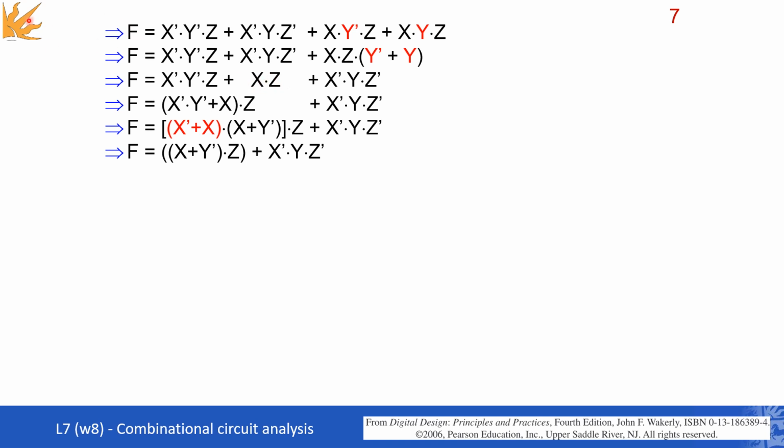Now, the next step is as follows. We will identify z as the common factor here. So in the next line, you got x dash times y dash, or x, and all of this times z, logical OR here, x dash, y times z dash. Now, by using the dual of distributivity, you get this one over here.